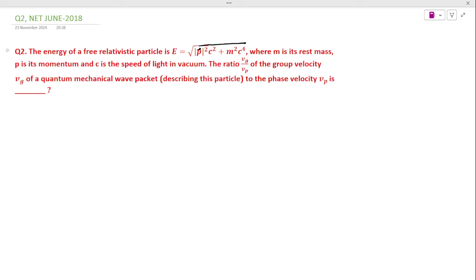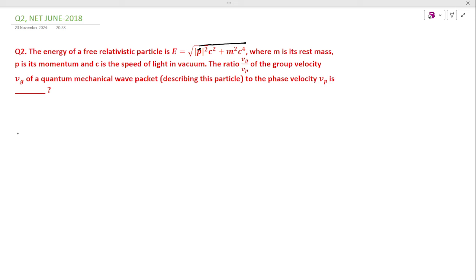The ratio of group velocity and phase velocity of a quantum mechanical wave packet describing the particle would become dash. So you have to find the ratio of group and phase velocity.